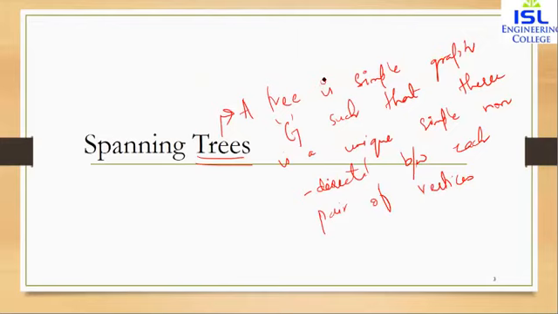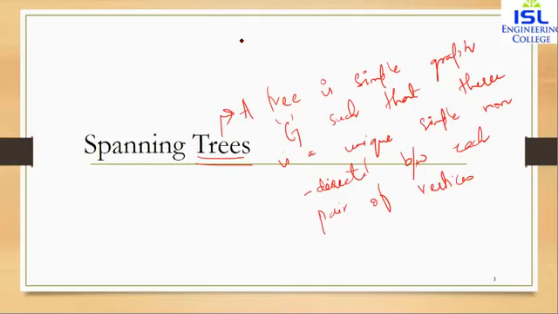A tree is basically a simple graph which has a unique non-directed path. So if we create a path in a tree, it will be unique, simple and non-directed between each pair of vertices. From point A to point C or point Z, we will have a simple path without any loops or edges.